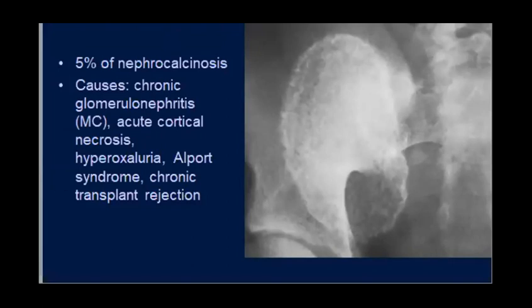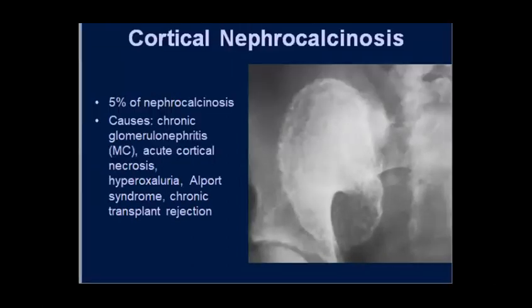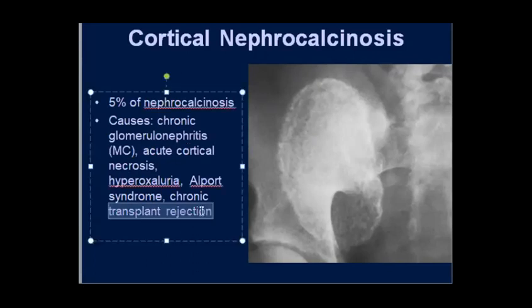And you can see the causes here. Cortical nephrocalcinosis, pelvic kidney or transplanted kidney. And you can see acute cortical necrosis and transplant rejection as well. Cortical nephrocalcinosis. Okay.